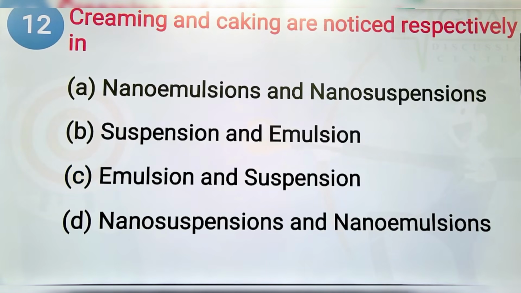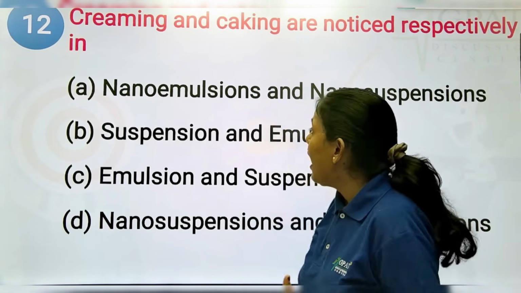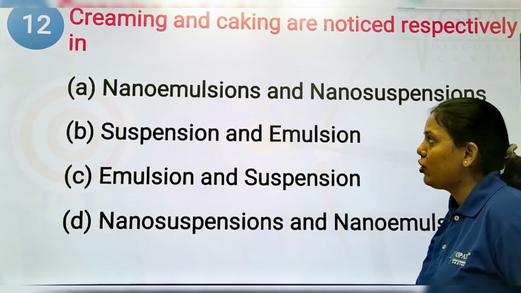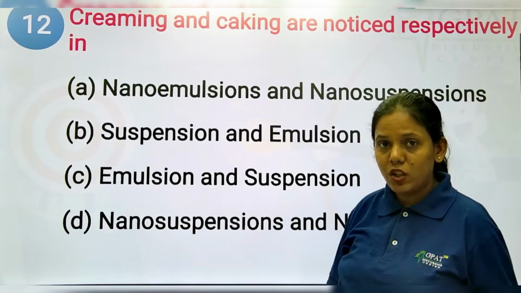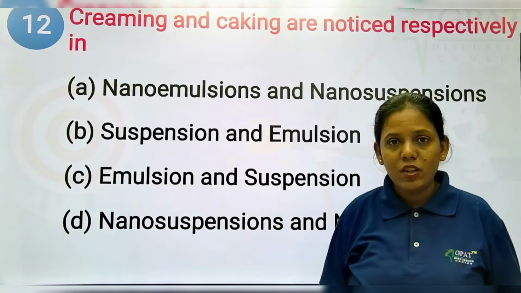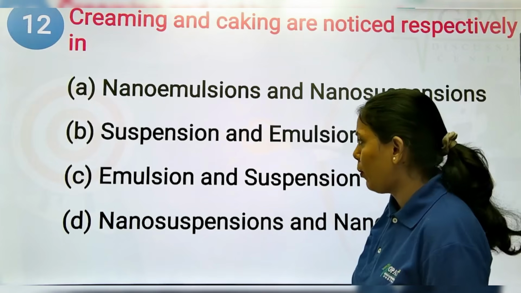Creaming and caking are noticed respectively in which? These are the phenomena observed where? Nano emulsions and nano suspensions: do we see creaming in nano emulsions and nano suspensions, in which the particle size is already small? We do not observe this kind of phenomenon.